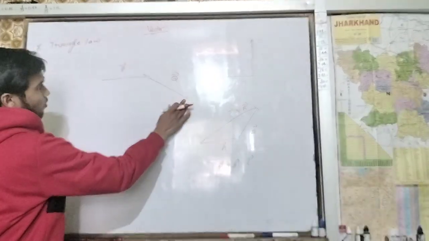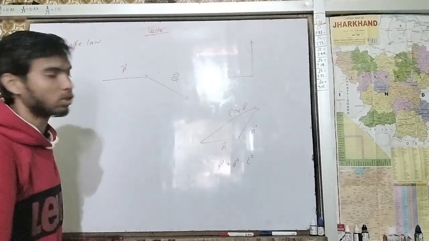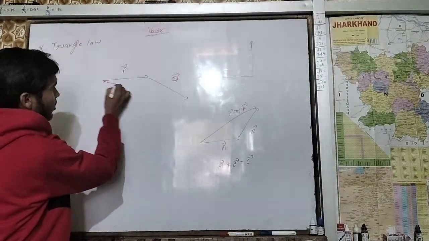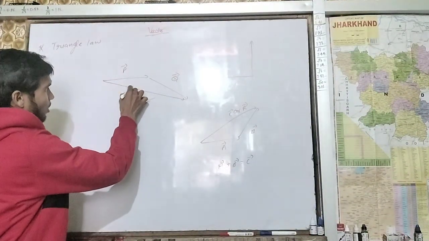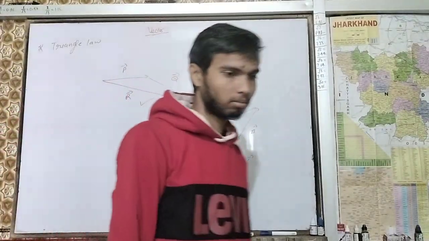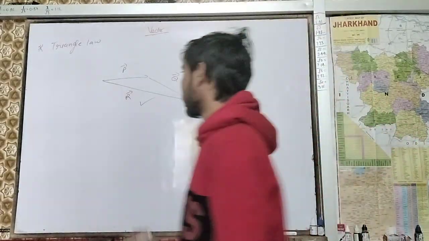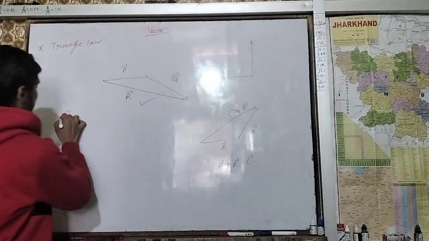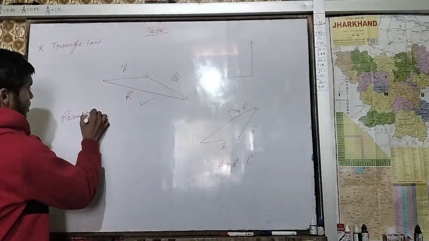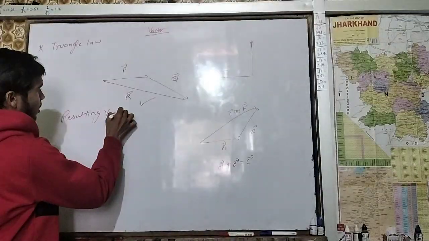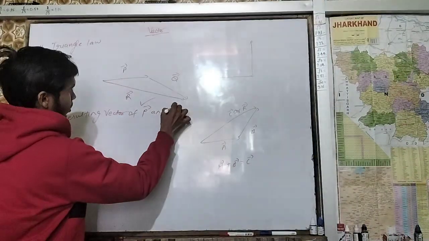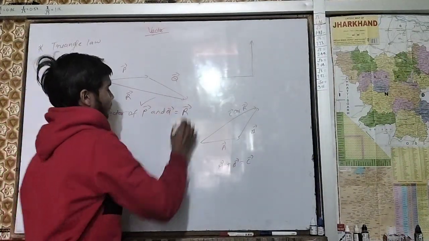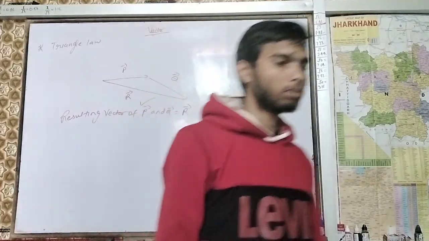We will have to start from the initial point. This is the initial, like that. This is the correct way. So this third will be our resulting vector. The resulting vector of P and Q would be vector.